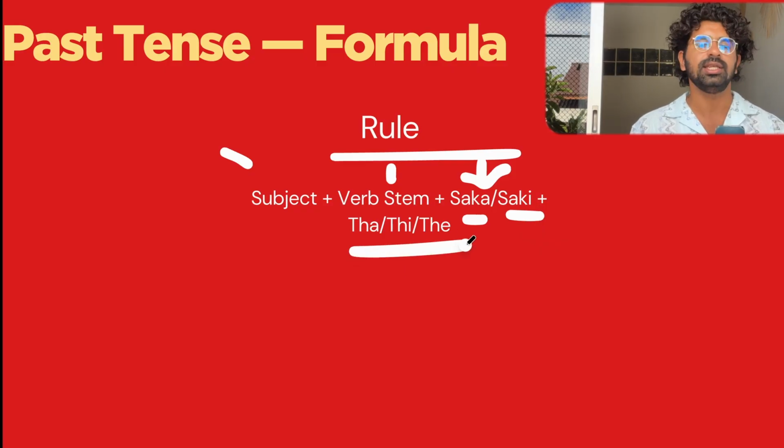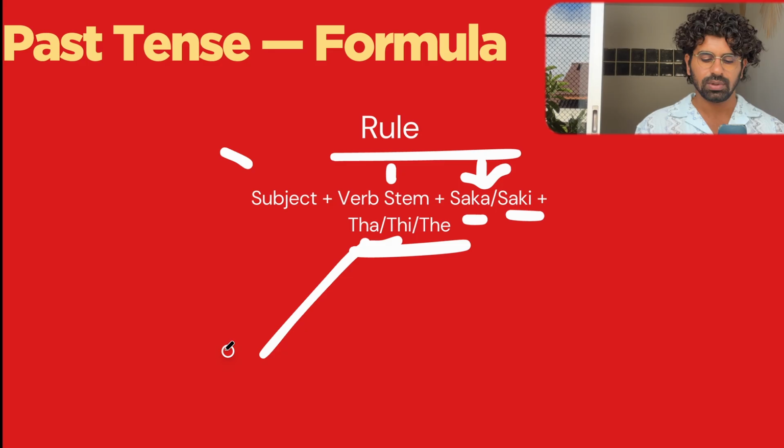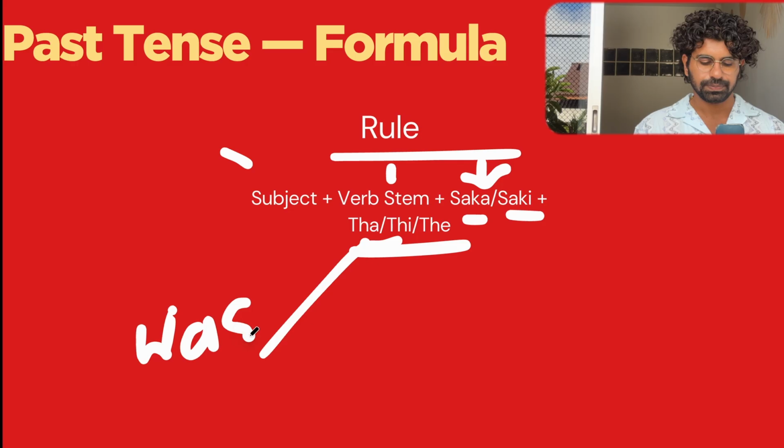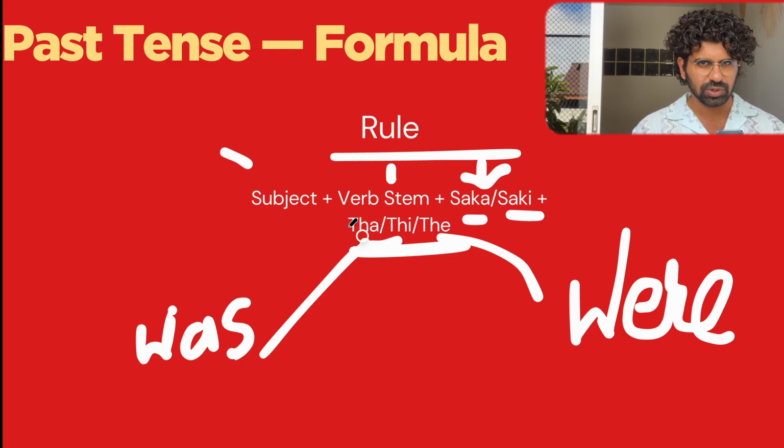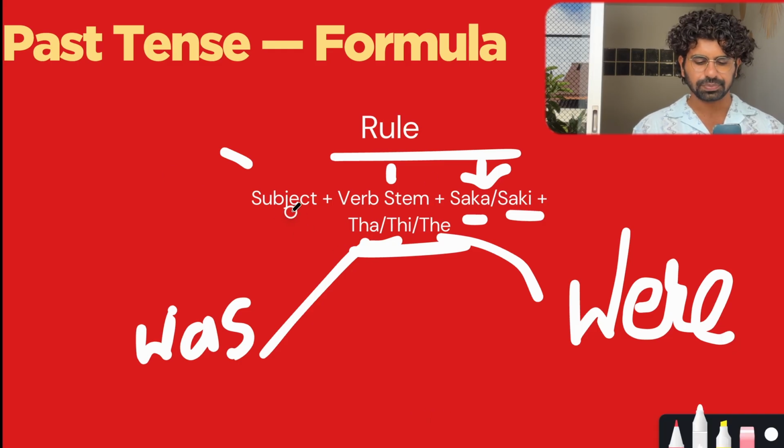And then we use tha, thi, the. Why do we use tha, thi, and the? Because that is the helping verb for the past. It literally means was or were, right? So these two mean was, okay? And the means were. So again, subject, verb stem plus saka, saki, and then tha, thi, the.